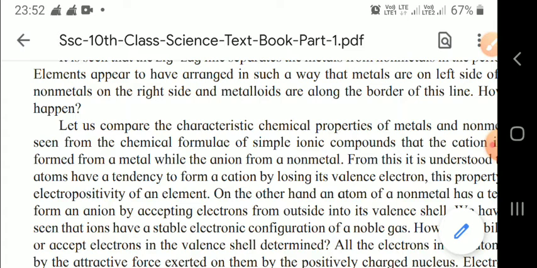So we can see that the ion has a stable electronic configuration of a noble gas shell. How is the ability to accept or to lose electrons in the valence shell determined? All the electrons in any atom are held by the attractive force exerted on them by the positively charged nucleus.